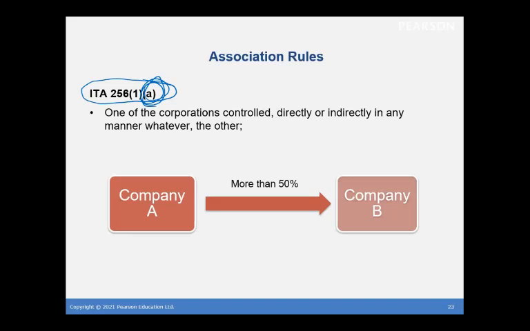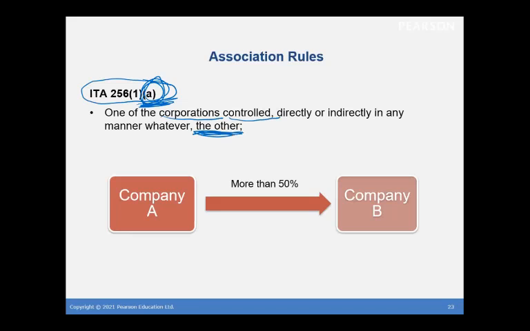We're just going to keep adding layers that get a little more complicated. So under A: one of the corporations controlled directly or indirectly in any manner whatever the other. If we want to look at this simply, we're saying one corporation controls the other.